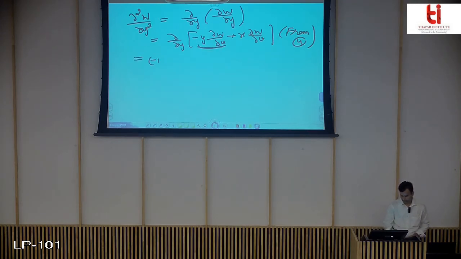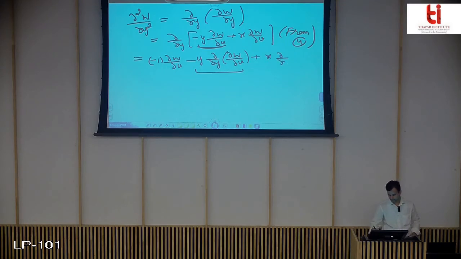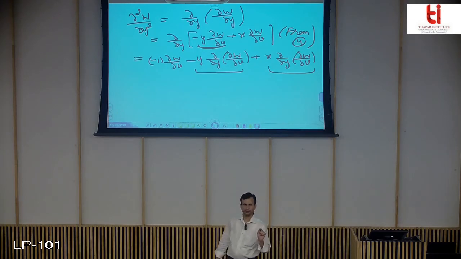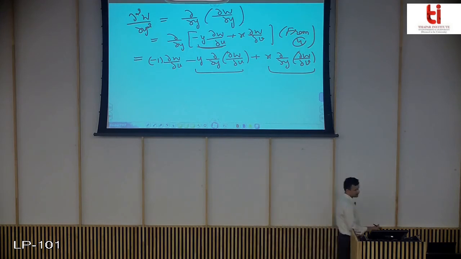This will give you minus 1 del w by del u plus or minus y as such, and then plus x times, x will be treated as a constant, and this thing. Okay, so these are again the two terms that you need to find in the same methodology that we have followed in the previous while finding the derivative of w with respect to x. So similarly now you can find these terms, as we did in the previous case of finding the double derivative of w with respect to x.